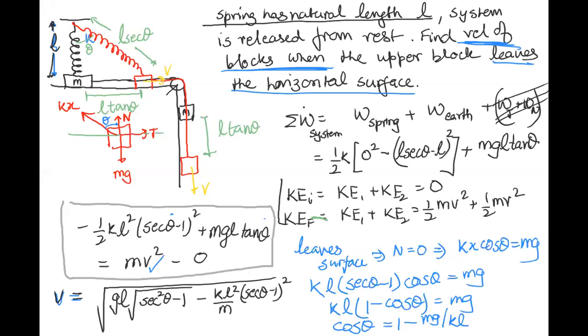And then you get the lengthy answer of kL square by 2m. Put in the value of sec theta and you get the answer.